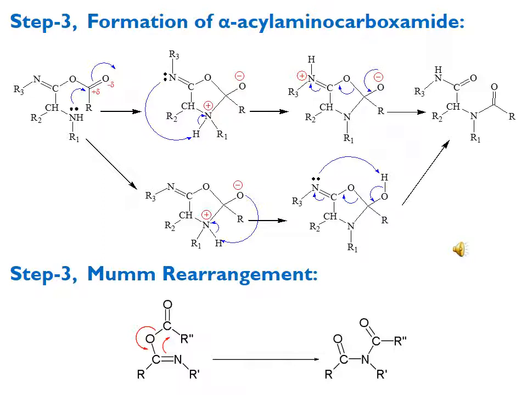This can happen another way: instead of the lone pair of the imine functionality attacking the proton, the alkoxide ion can also attack as a nucleophile on this proton, and it is nearer to this proton as compared to the nitrogen of the imine functionality.